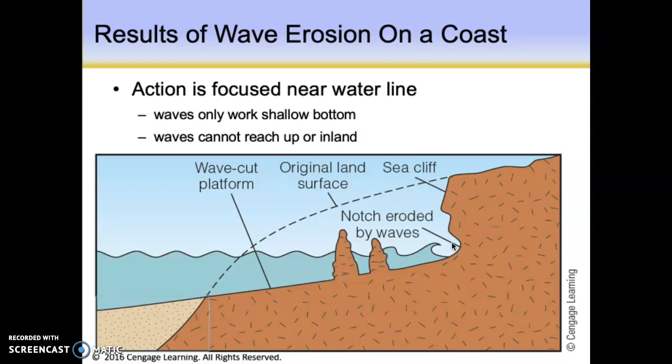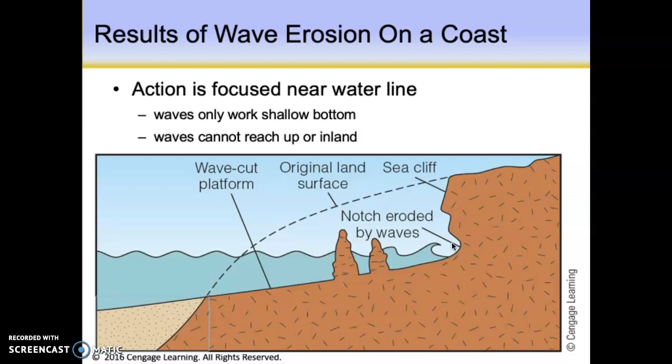This results in the creation of what we call a wave cut notch, which you'll see on the right-hand side of that diagram, and a wave cut platform. Because the waves can't work too deep in the water, they will make a sort of level surface offshore.